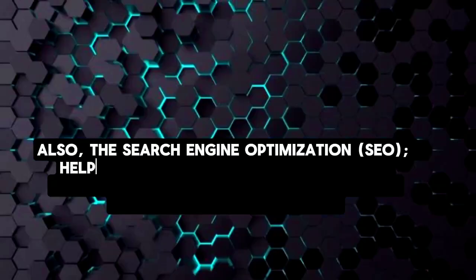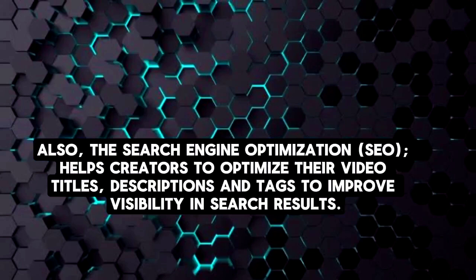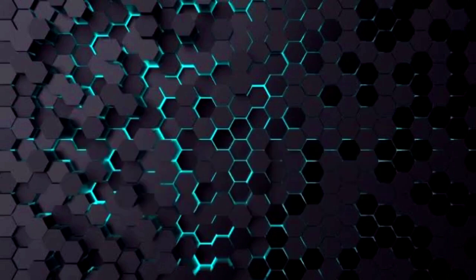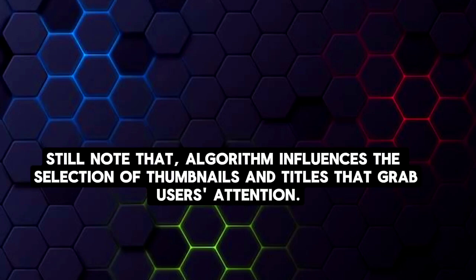Also, search engine optimization (SEO) helps creators to optimize their video titles, descriptions, and tags to improve visibility in search results. Still note that the algorithm influences the selection of thumbnails and titles that grab users' attention.